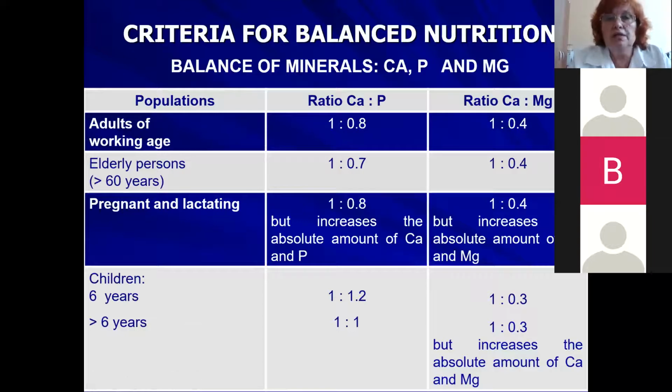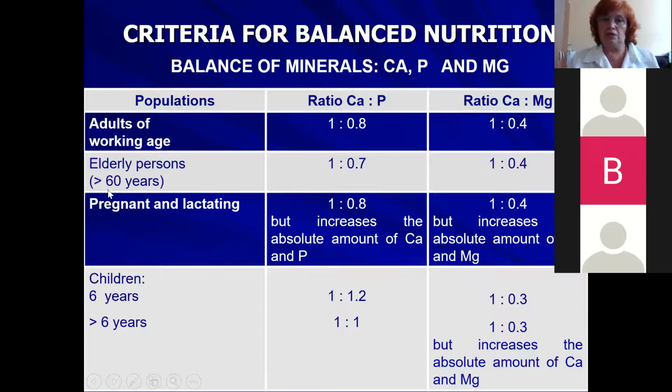So this is a table of criteria for balanced nutrition: balance of minerals, calcium, phosphorus, and magnesium. Adults of working age must have a calcium to phosphorus ratio of 1 to 0.8 and a calcium to magnesium ratio of 1 to 0.4.